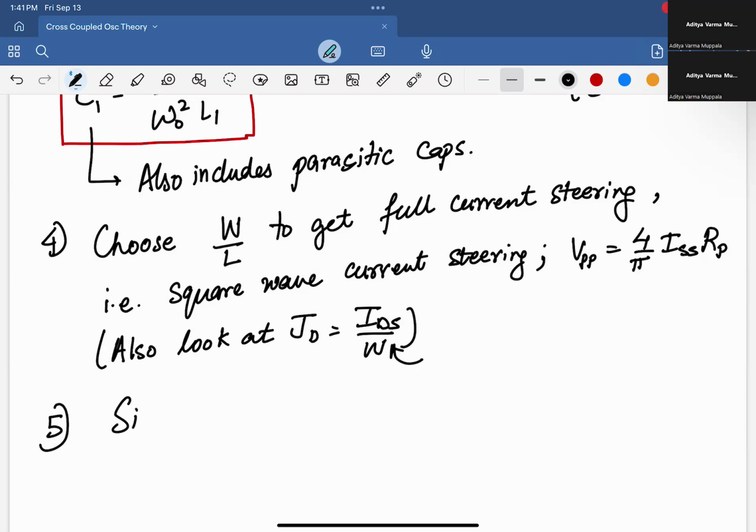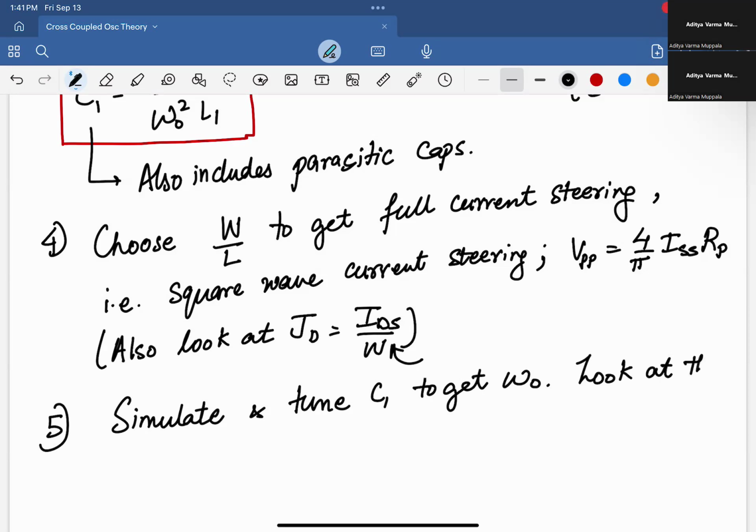And then finally, once you did all this calculation, you set these values, simulate and tune first C1 to get omega naught, and then look at the phase noise performance.